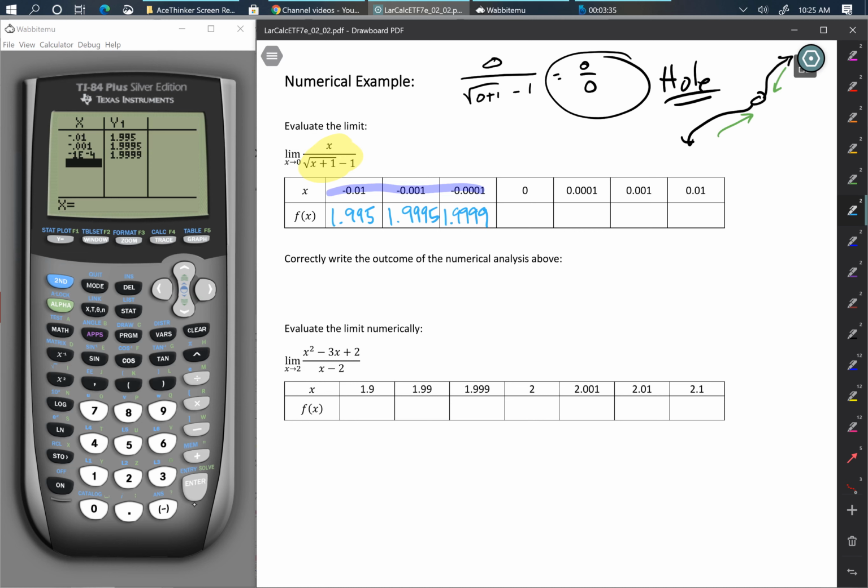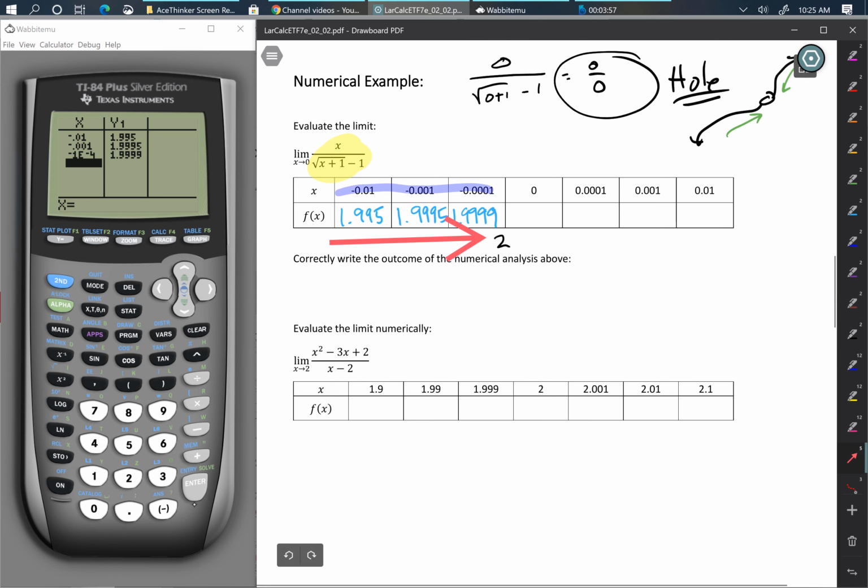And if you don't see a pattern in those numbers, or you don't see it approaching something, add some more columns to your table and put some more values in. Now, I'm fairly certain that from that left side, this is getting closer and closer to 2. But I'm not done yet, because for a limit to exist, both sides have to approach that same value.